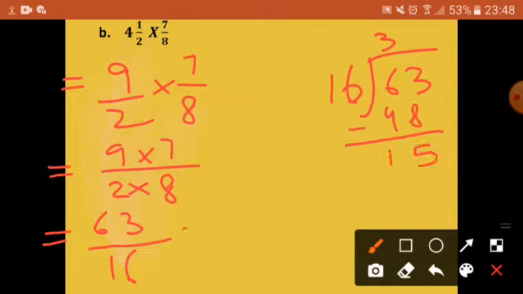I got 15. So 3 whole 15 upon 16, or you can say 3 quotient, 15 remainder, and 16 divisor. So quotient, remainder, and divisor. This is the way to write an improper fraction into a mixed number.